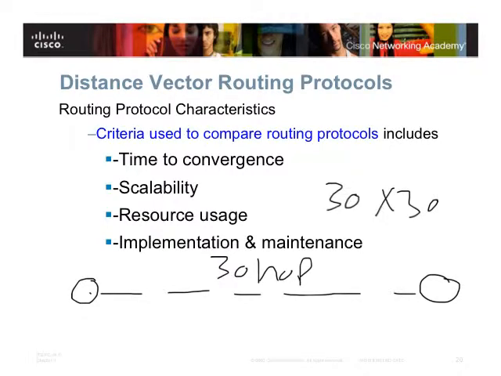But if the algorithm uses a combination of bandwidth, delay, load, reliability, and so on, then the calculation of the cost on each link will take a little bit of time. The calculation of the entire cost to a certain destination takes a little bit of time, and the amount of memory required to store each of these values will be more. So, for example, IGRP or EIGRP uses more resources and a more complicated algorithm, which requires more computational resources than RIP.